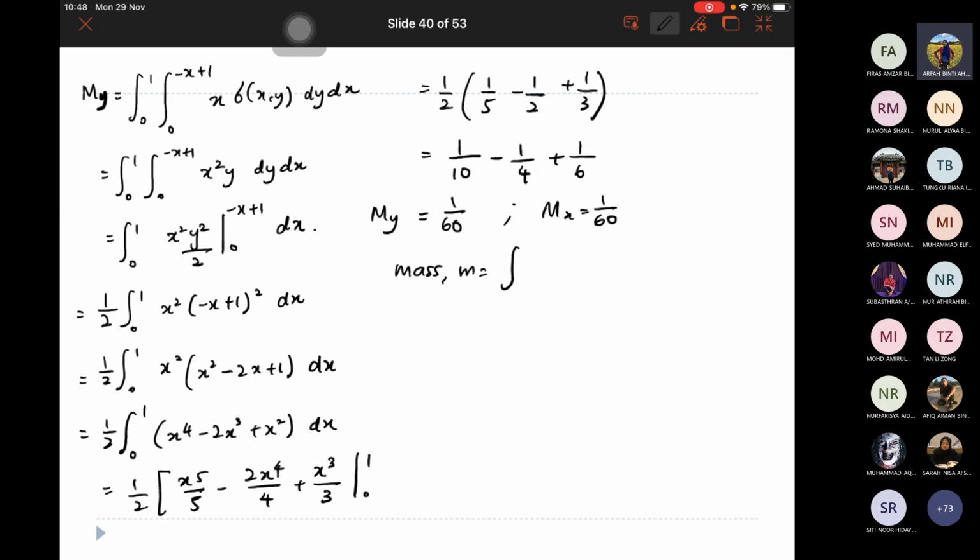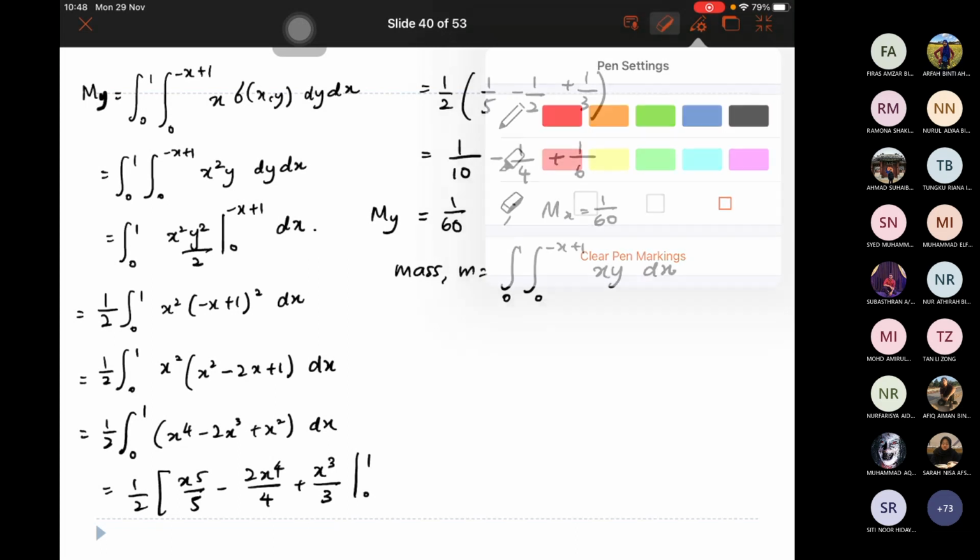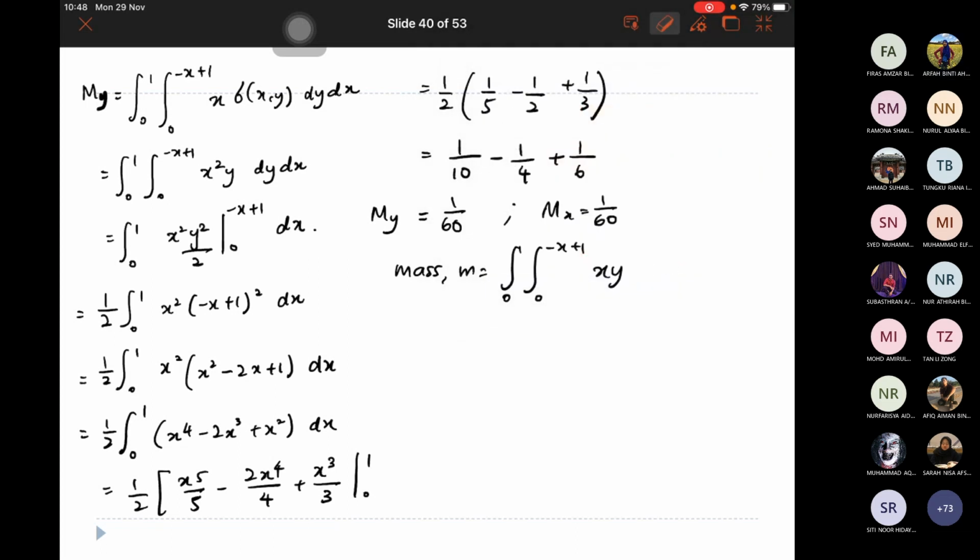M sama dengan integration 0 sampai 1, 0 sampai negatif x tambah 1, xy, dy dx. Okay.